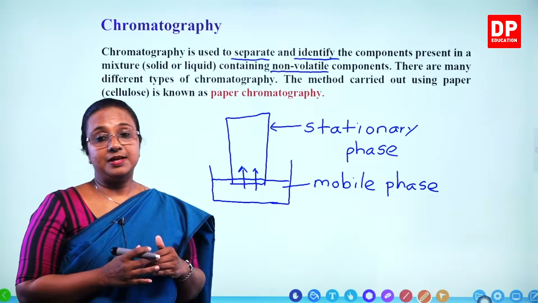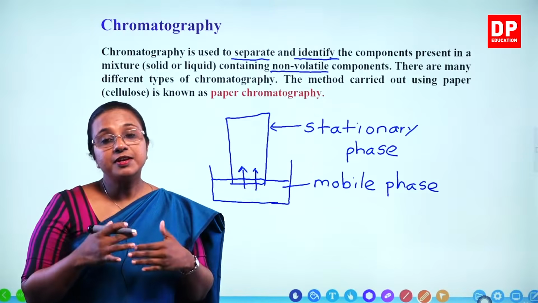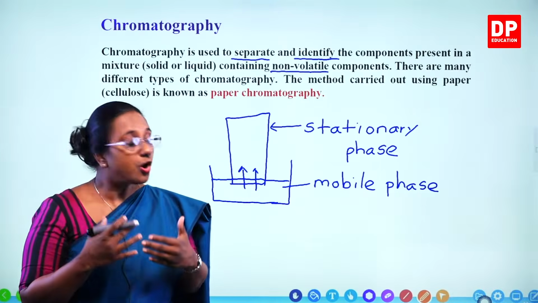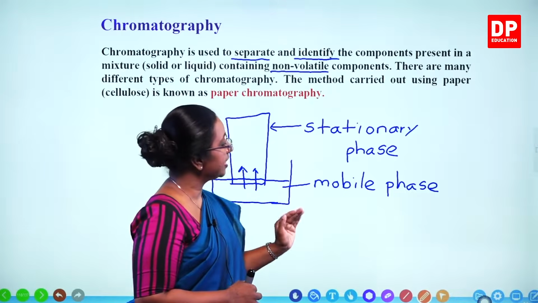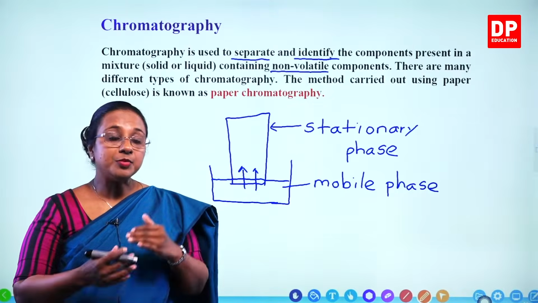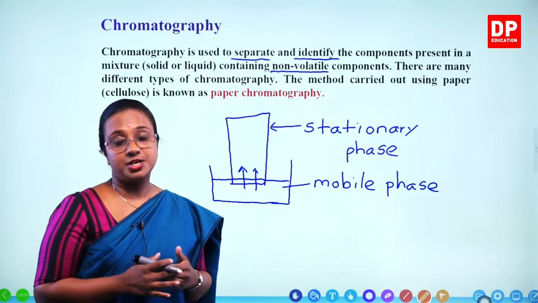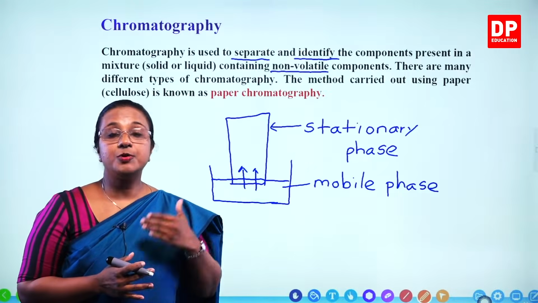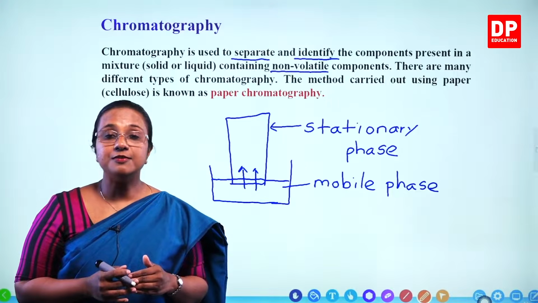But what will happen is the components of the mixture have different solubility or attraction towards the stationary phase and the mobile phase. Some components prefer to combine with the stationary phase. Some components of the mixture prefer to combine with the mobile phase.